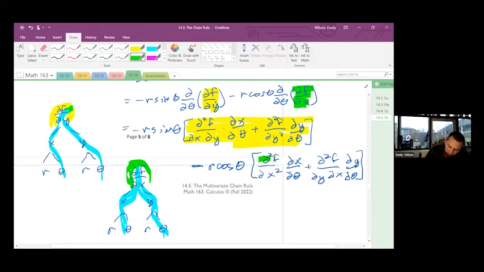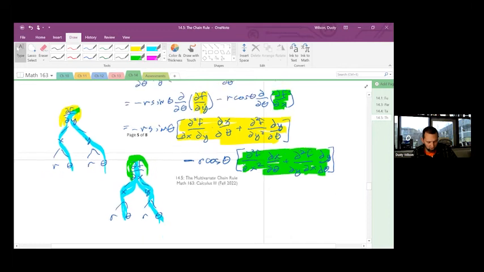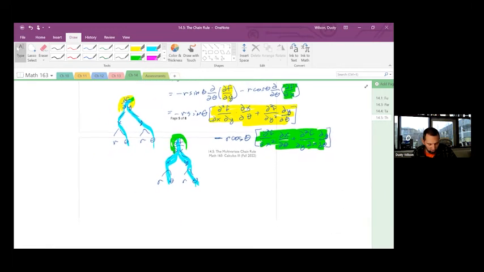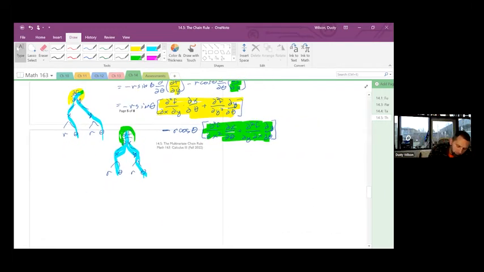And all this is the green stuff. All right, this question is going to keep going, so let's go on to the next page and see if we can write this a little bit more cleanly.